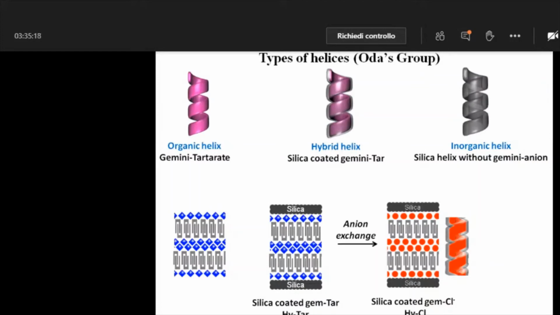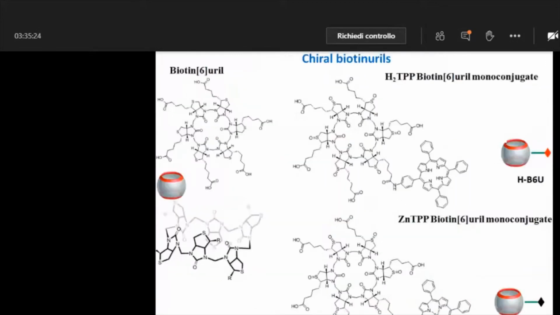So this is about the organic helix in ODA's group. The other portion of the talk is about cucurbituril, and we must be very thankful to Professor Riina Aav's group from Tallinn University of Technology, who gave us the cucurbituril molecules and also the conjugate molecules to carry out this entire study. We were given three molecules, the biotin uril as such, and also the biotin uril monoconjugate with a porphyrin attached to it.